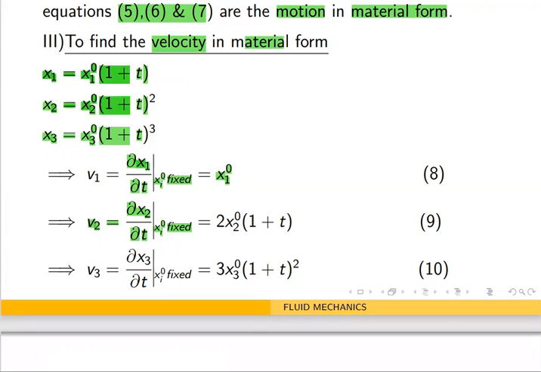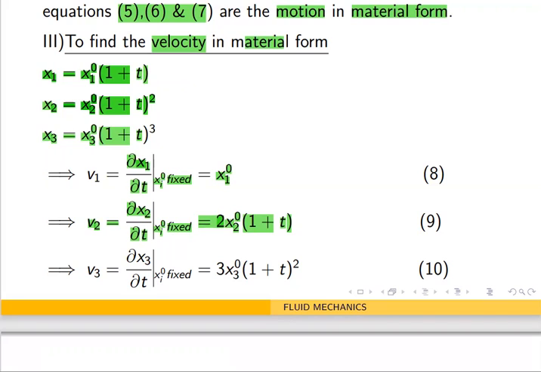Look at x2 and differentiate with respect to t, and x2 naught should be treated as constant. You have the power 2 there, so differentiation gives 2 into 1 plus t and x2 naught as it is. That is our v2.